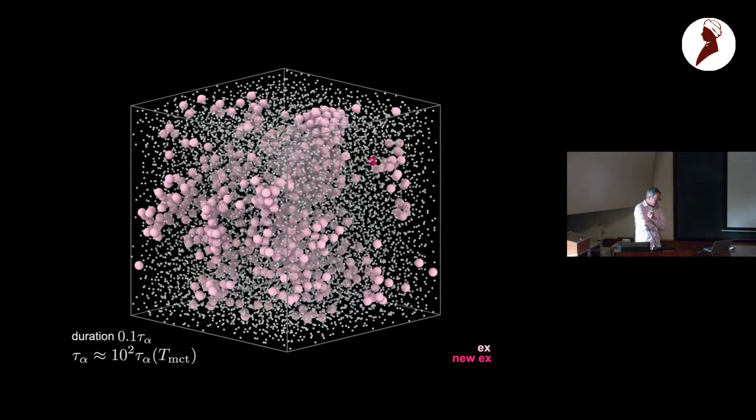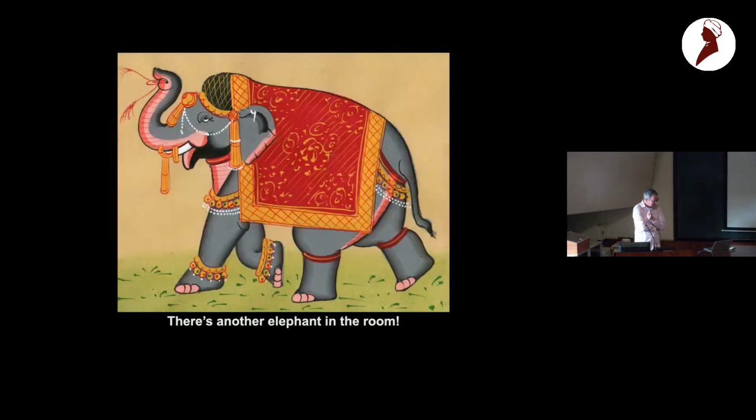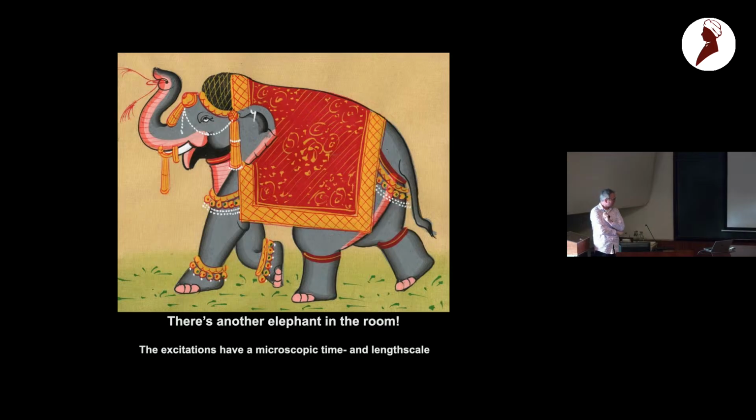Now, the second elephant in the room that I must tell you about is that these excitations, I've mentioned, have a microscopic time scale and a microscopic length scale. And in the context of the glass transition, where time scales become huge, this is something I think deserves some attention.